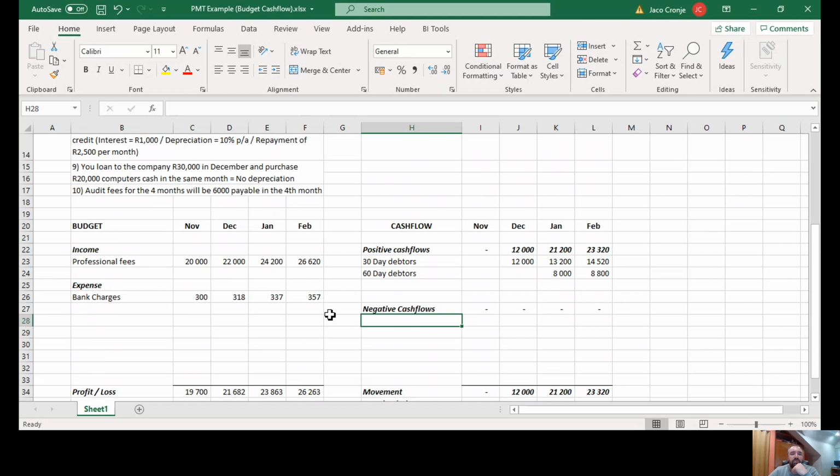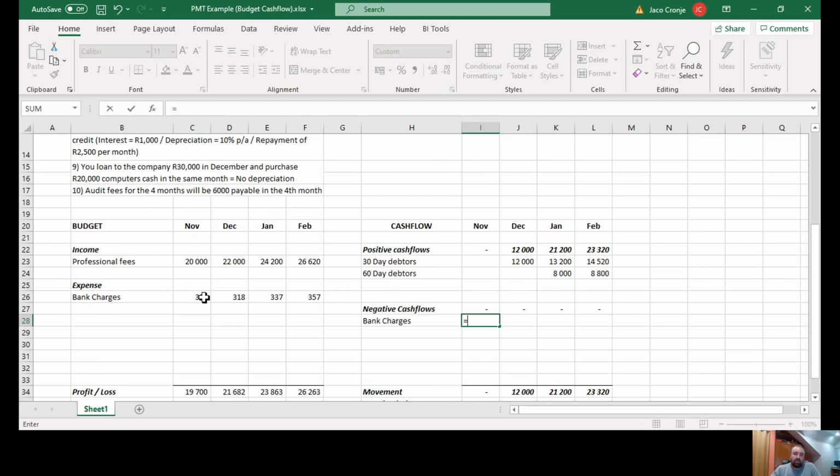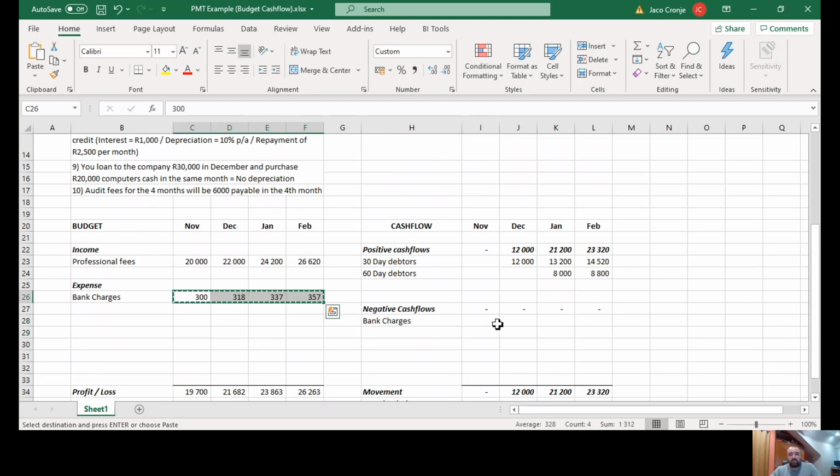So there's no timing difference between when I receive the invoice for my bank charges or when it goes off my bank. So I can, under negative cash flows, include bank charges, and I'm literally going to say copy and paste, because my expense and my cash outflow looks exactly the same.